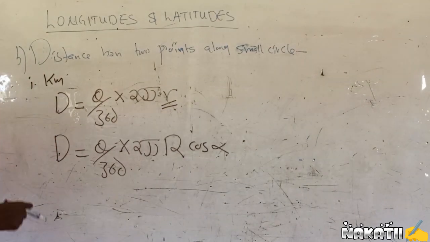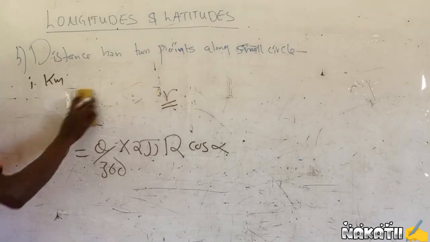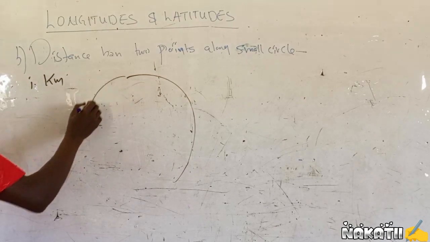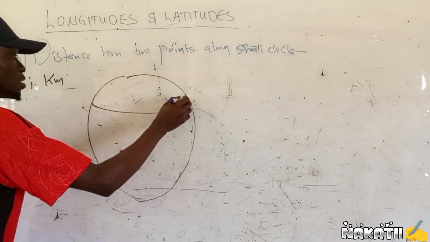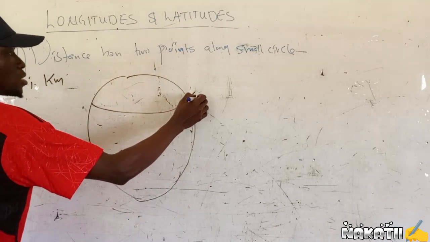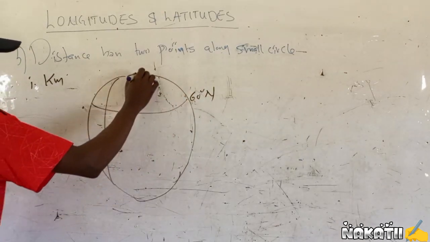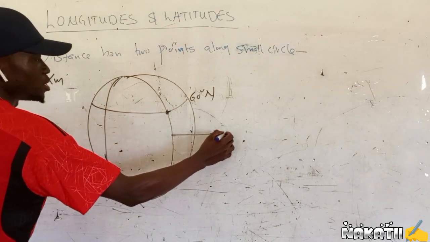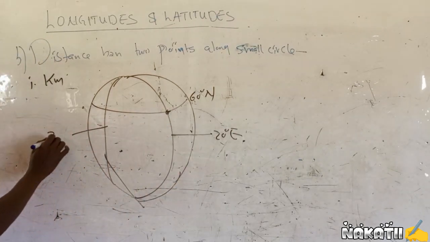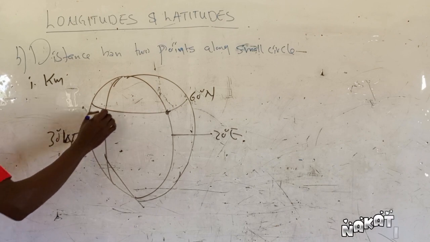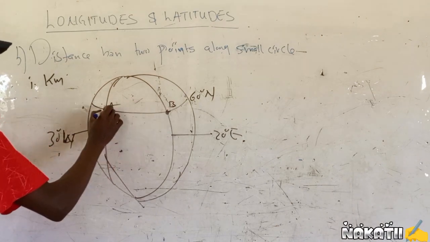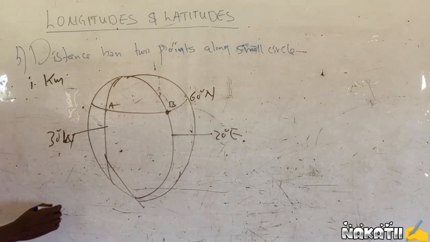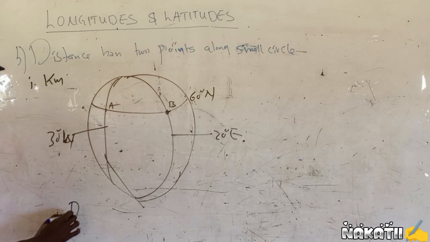For example, if I'm given this kind of a question, this one is 60 degrees north, and you have a point here and you have another point here. If this one is maybe 20 degrees east and this one is 30 degrees west, and I'm told this is A and this is B, and I'm told to find the distance between these 2 points, distance will be theta.